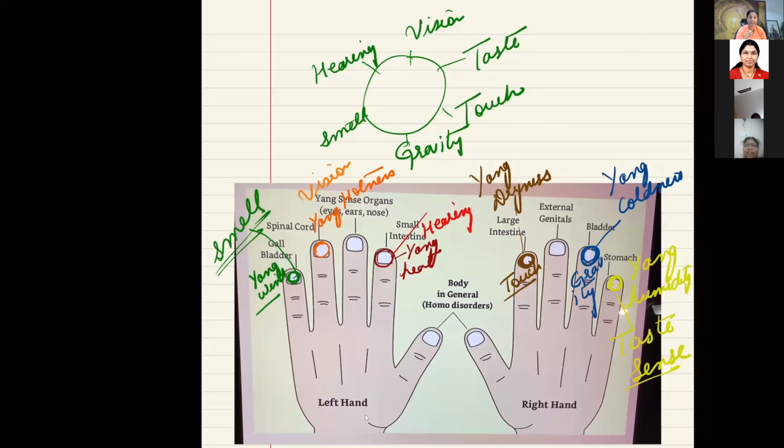So pressure should be deep, or you can just, you see, do it like this on the table. But if your nails are soft, then you can do it with your hand. So this will improve the condition of your gallbladder, and also your smell sense will improve. Now in Corona time, when a person loses smell sense, this is a yang symptom, because all of a sudden smell sense is gone.